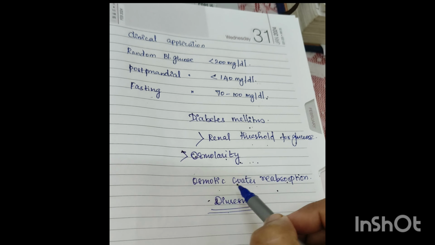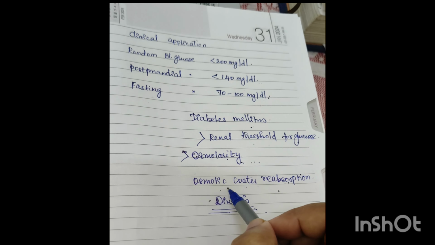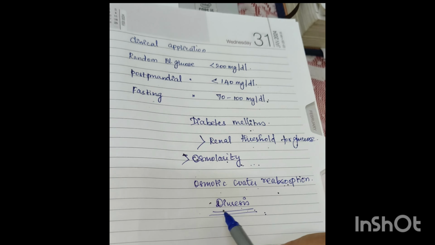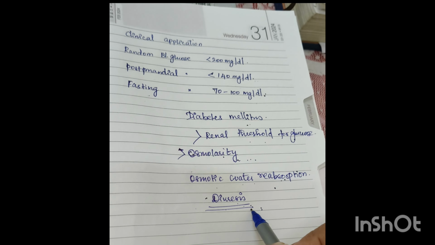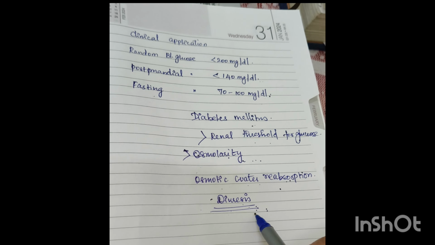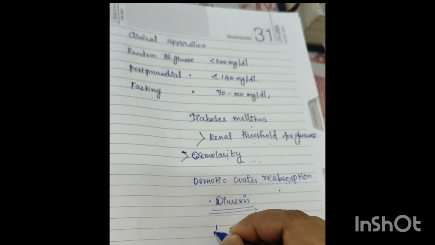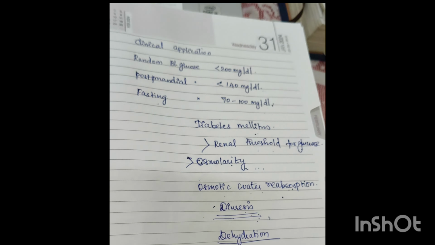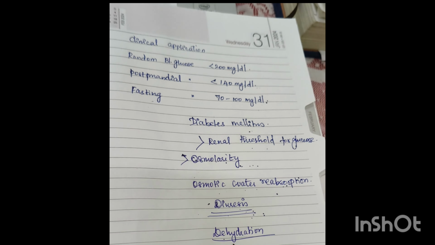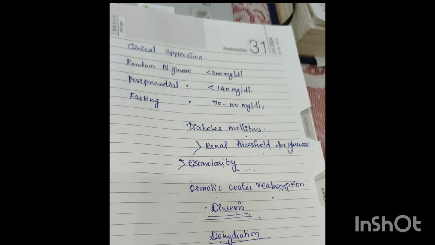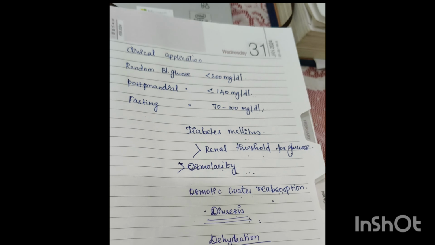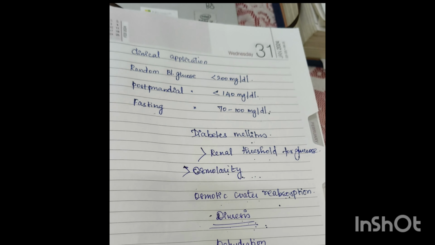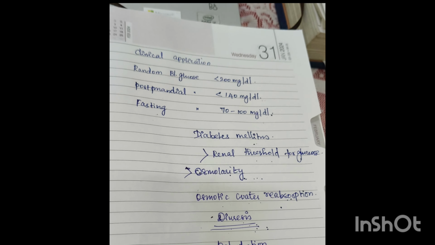More and more fluid excretion will happen. So osmotic diuresis will happen, and because of this there will be dehydration in diabetic patients. Hope you understood the clinical importance of this renal threshold for glucose.